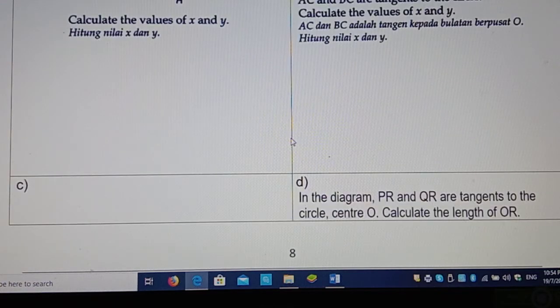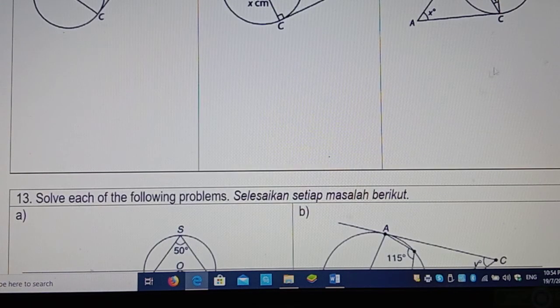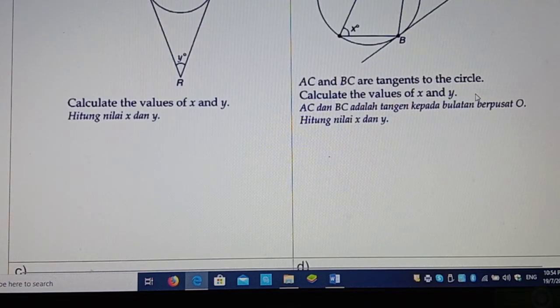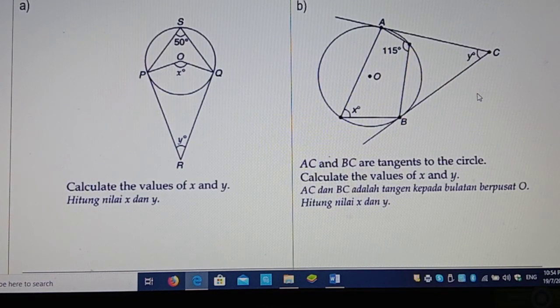One more question about the common tangent. Let's say we try one question. Solve problems involving the tangent, common tangent, or tangent to the circle. Let's say we try B. X is a point here. This one we call a cyclic quadrilateral, so you can find X first.